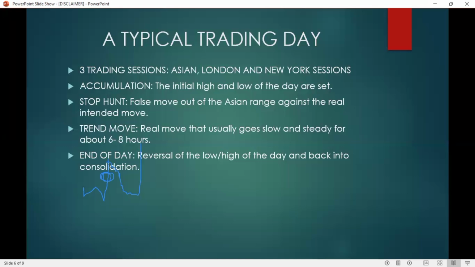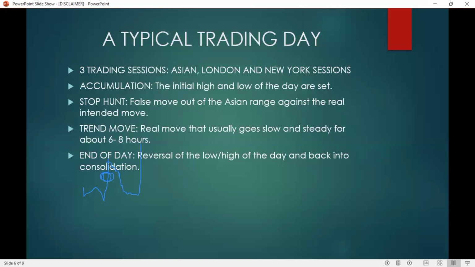Then the New York session, also, we get to see a lot of major market moves there. The market makers use the New York session to either make reversals, to reverse the market direction, or give us a continuation pattern for us to continue. The New York session timing is usually from 13:30 GMT to 1800 GMT.